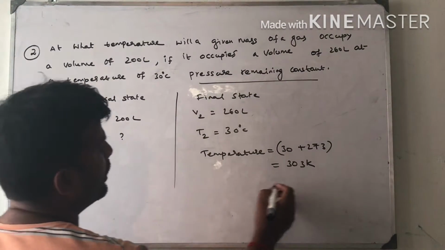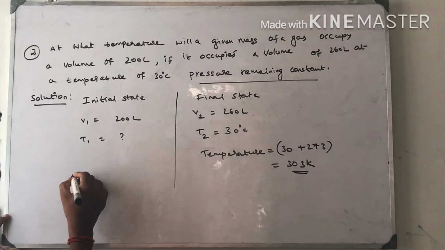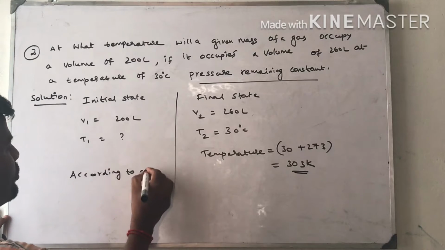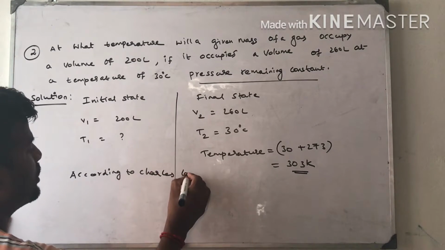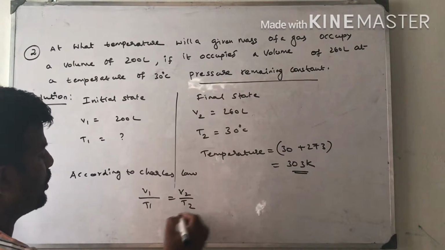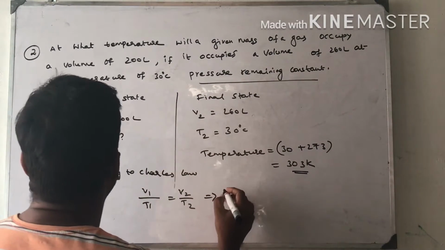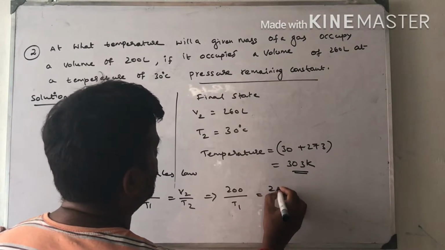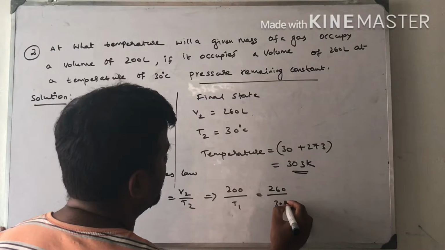Now we apply Charles law: V1 by T1 is equal to V2 by T2. We substitute the values: 200 by T1, don't know, equals V2 260 by T2 which is 303.